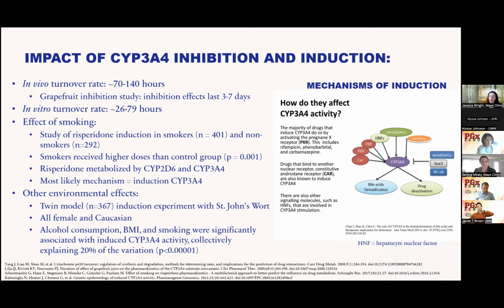So thinking about inhibition now, grapefruit is well known to be an inhibitor of CYP3A4. And some people might wonder, well, how long does that take effect? How long does inhibition take effect for CYP3A4 in general? Well, there's a study that looked at grapefruit inhibition, and you have to think about the CYP3A4 activity and its turnover.